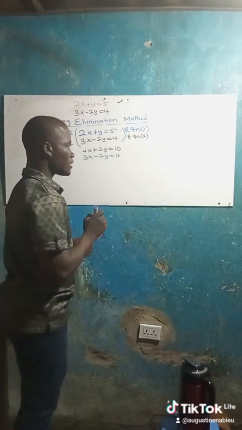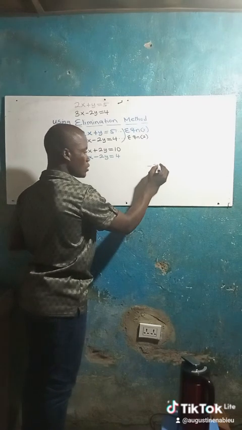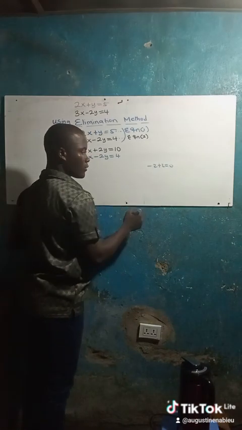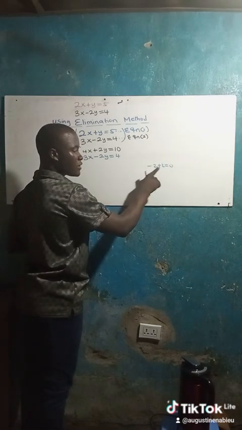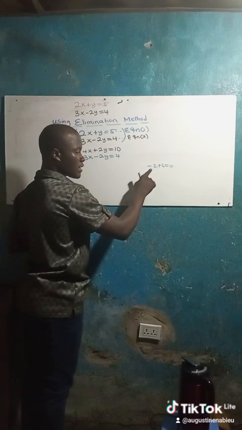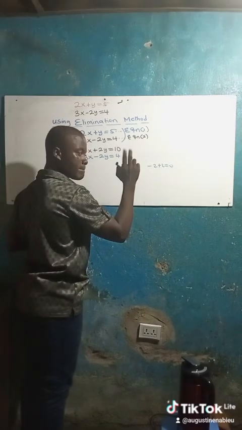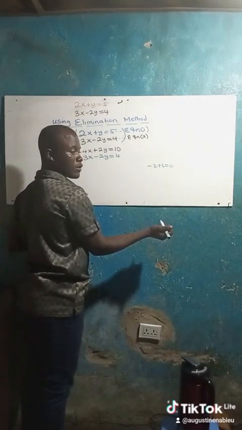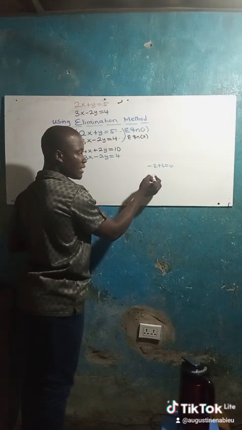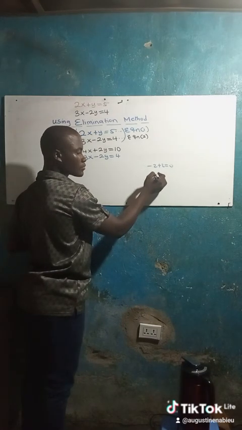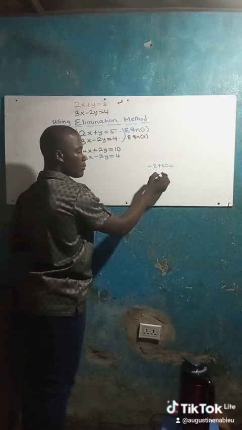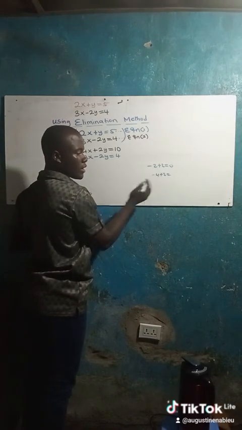Mind you, I told you that negative 2 plus 2 is equal to 0. Whenever you have opposite signs and the values are the same, it's just equal to 0. So let's say negative 4 plus 2. What will be your answer here?